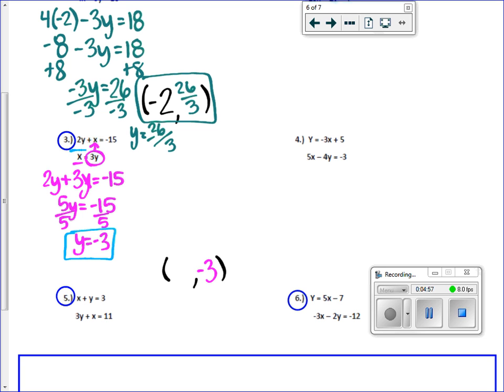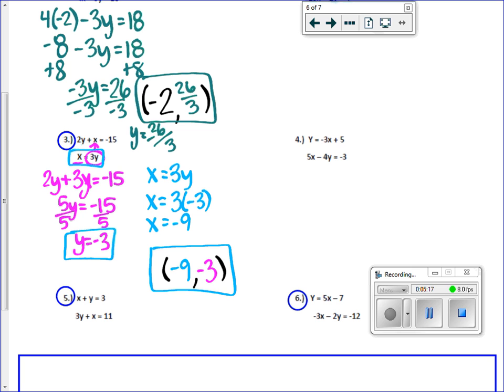That second equation is set up pretty nicely to be able to solve for x. So x equals 3y, but we just got a number for y, so it's going to go in. So x equals 3 times negative 3. So our x value is negative 9. And we have an ordered pair for x and y.